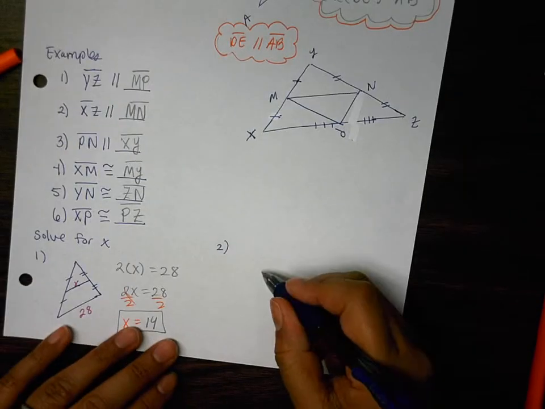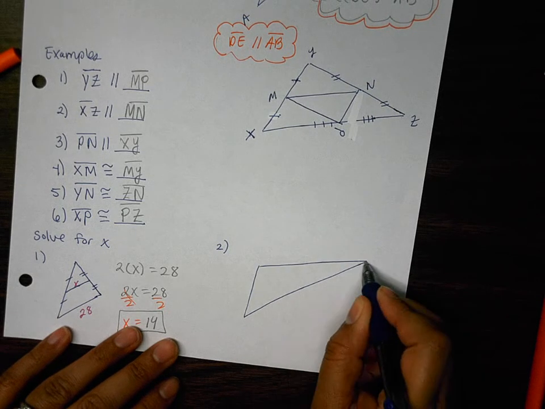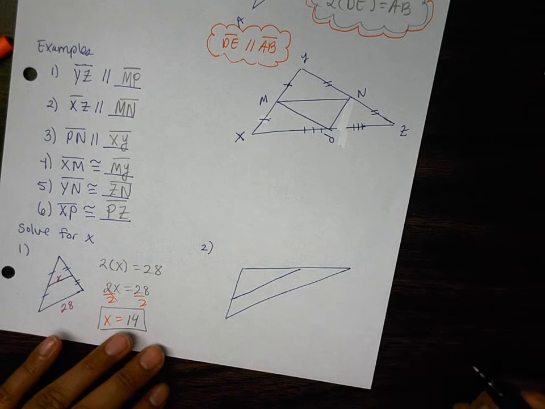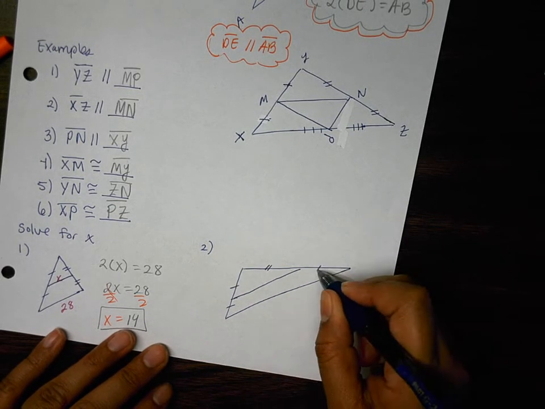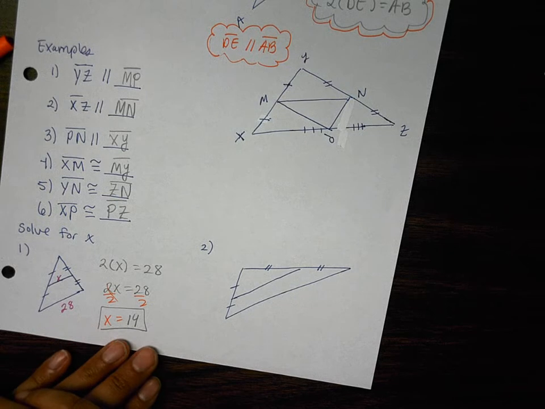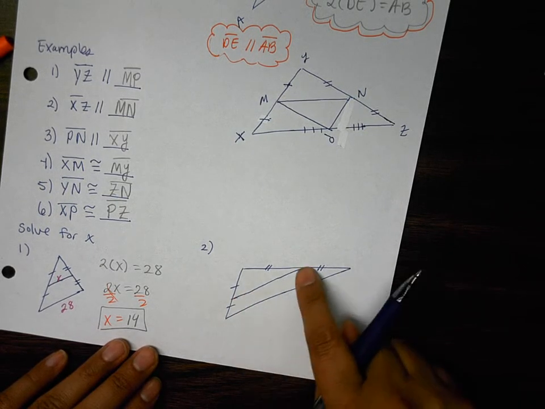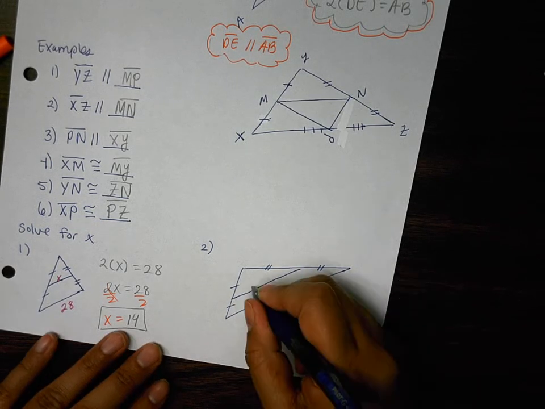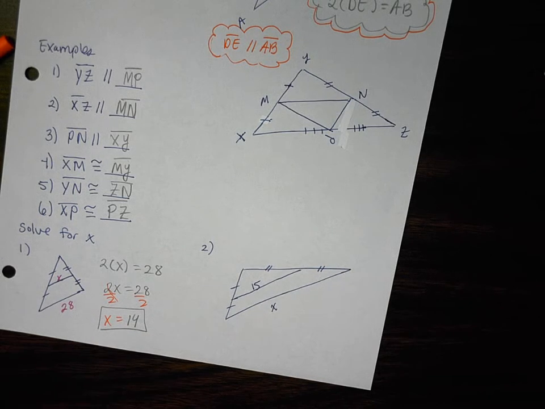Okay, number 2. Again, with those markings, can we conclude that this line right here that I'm pointing to is the midsegment? Okay, I'm going to give you the midsegment is 15, the base is x.